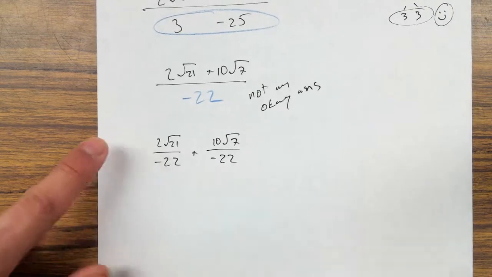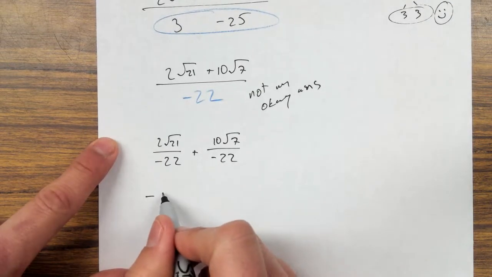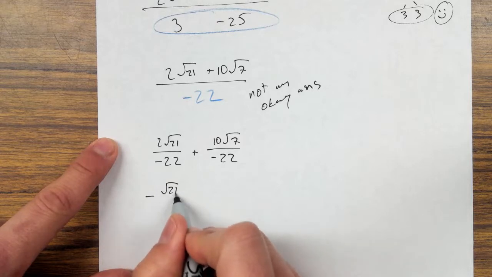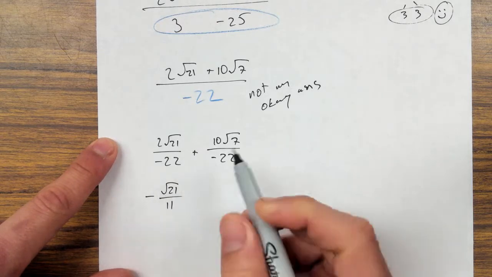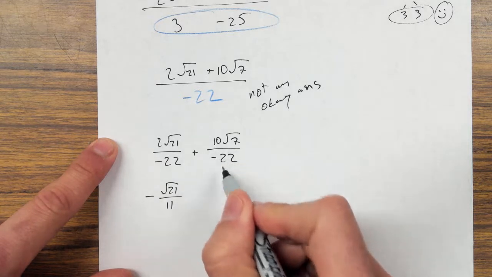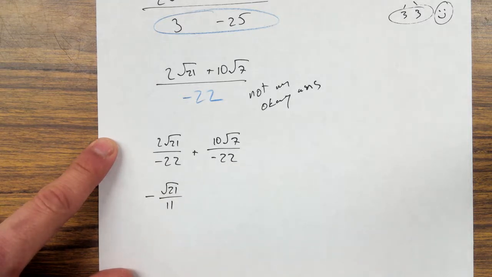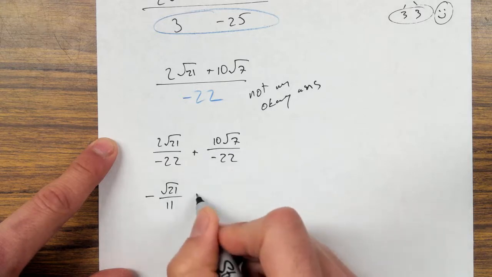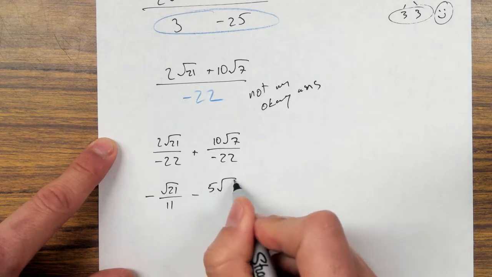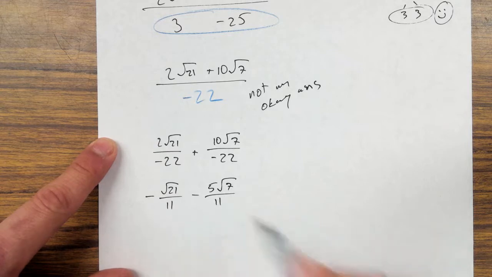So 2 over negative 22 is going to be negative square root 21 over 11. The 1 on top is optional. And then 10 over negative 22. To divide both by 2, we'll get 5 over 11, but it's going to be negative 5 over 11.